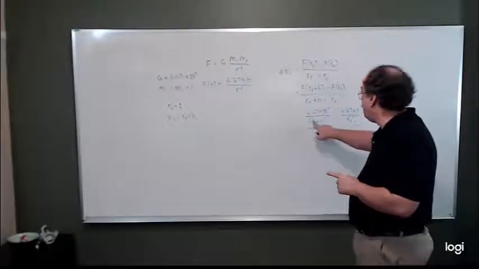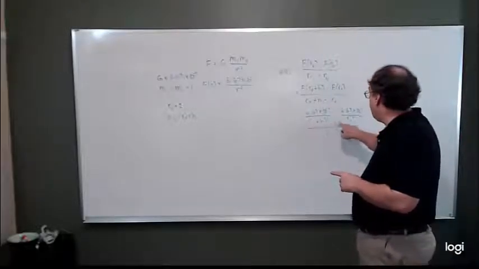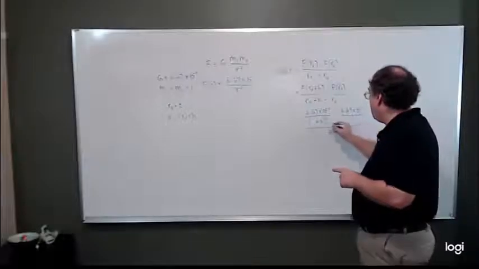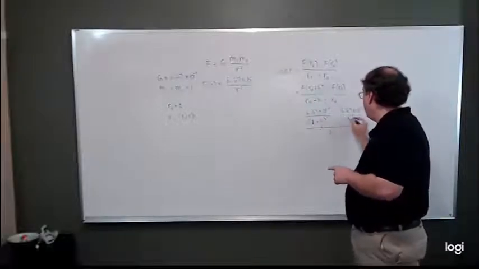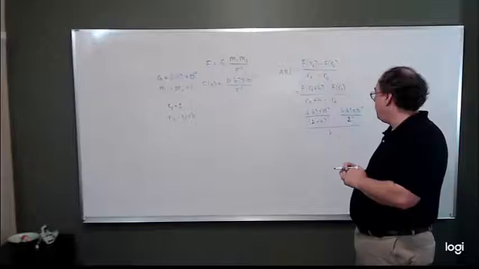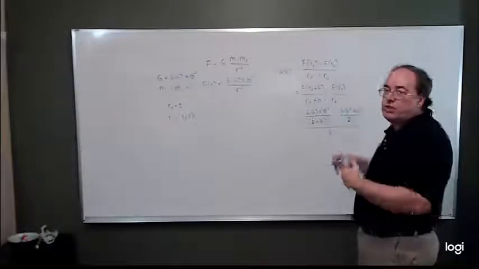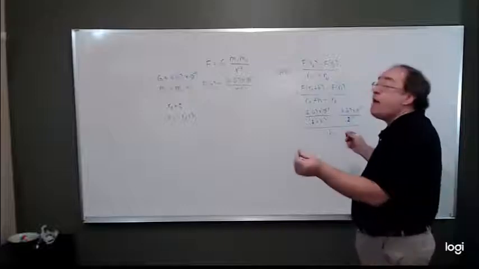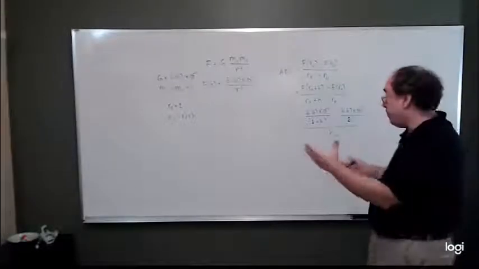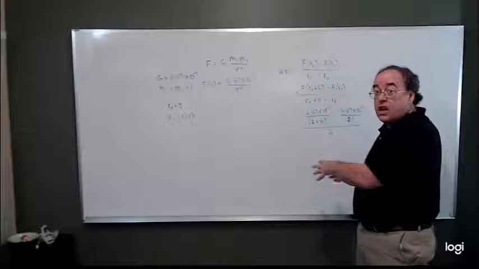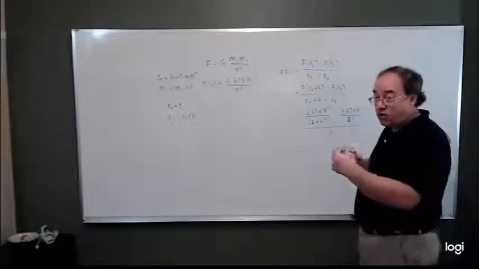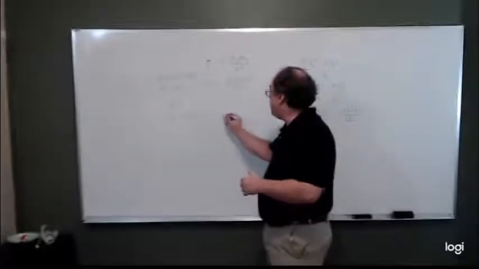Now, there's one other thing I can do. r0, I know what that is. It's 2, so I'm going to replace these r0s with 2s. Now I've got a formula. I can put h values in here, and I would put this into Excel. Excel is your best friend when you're doing experimental, numerical stuff like this.